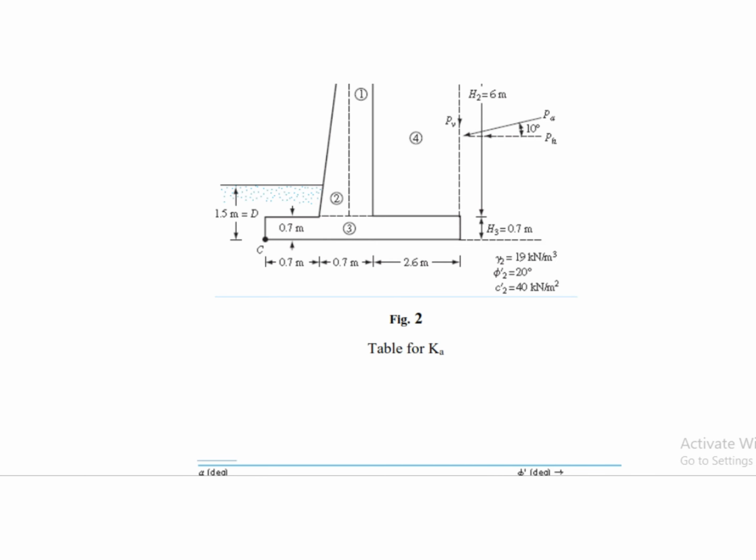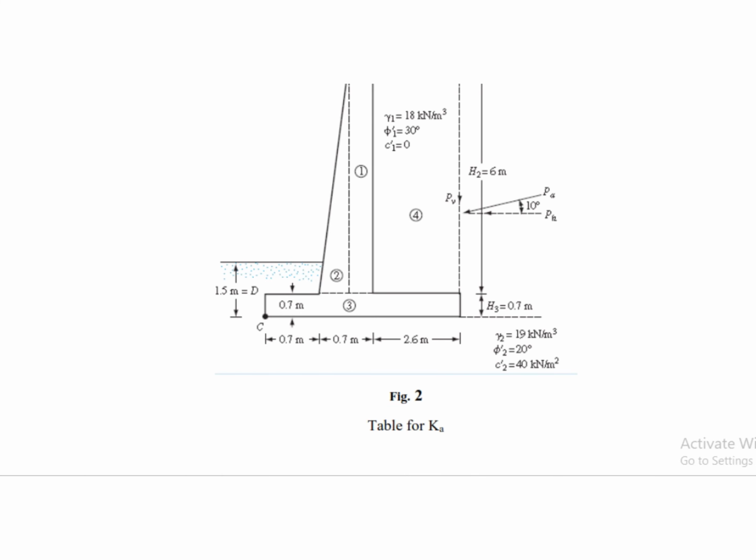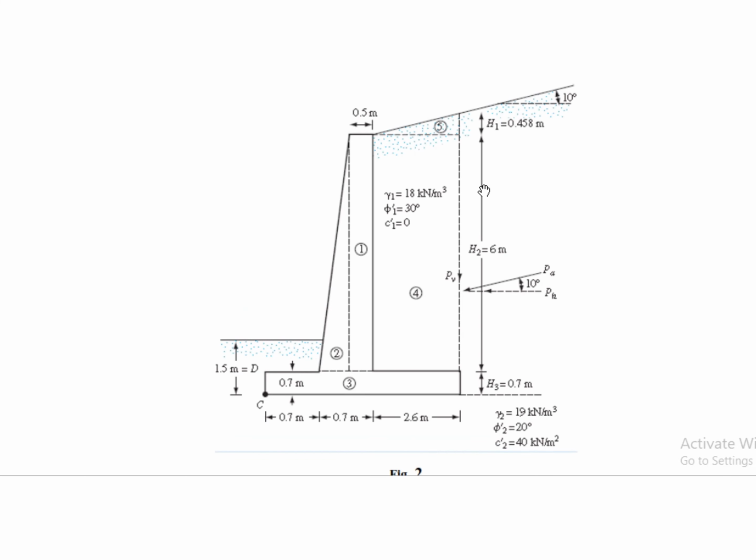So if you take, for example, section 1, which is this one, the centroid is at the midpoint, which is 0.25, plus, so this section here is 0.2, so 0.7.